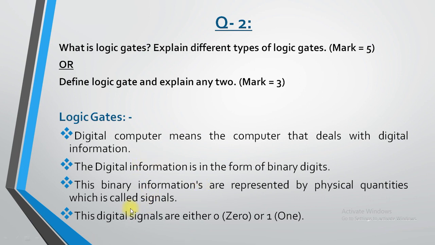Now see, these digital signals are either 0 or 1 because our data is in the form of binary, and binary means two numbers only. Bi means two, as in bidirectional, bisection. When there are only two possibilities, that is called binary information, which may be either 0 or 1.